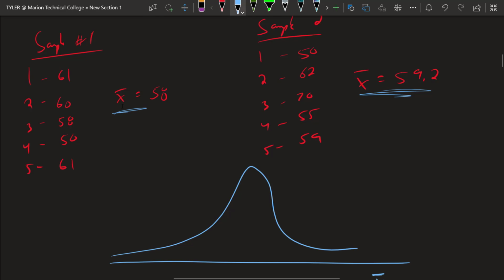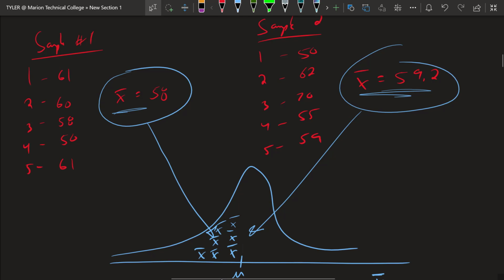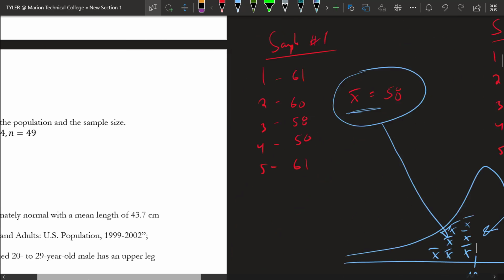Around the center, we're still going to have a mean, and the individual parts inside of here are x bars, not x's. So this sample of 5 people is going to live in the data set. So we're studying sample means and how those are distributed. It's a slightly different focus.